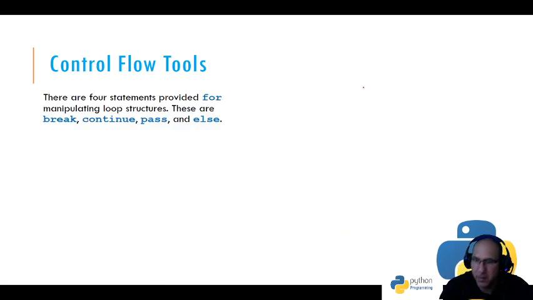So when it comes to the control flow, like other programming languages, we have break and continue. We can break out of any loop, or use it inside the if statement, or continue, skipping the rest of the loop body and going back to the condition. In Python we also have pass, because we do not have braces to indicate the beginning and the end of the body.